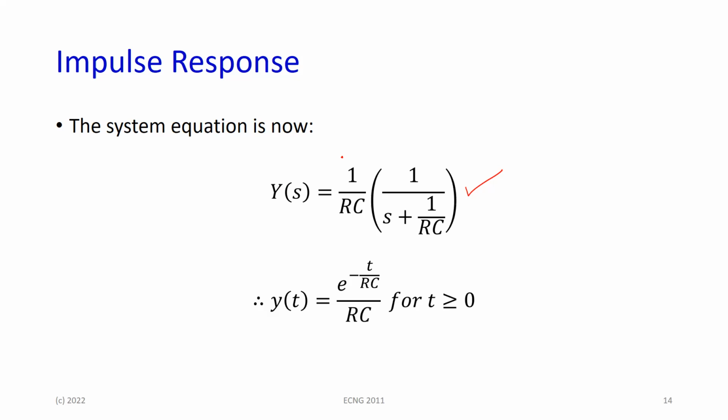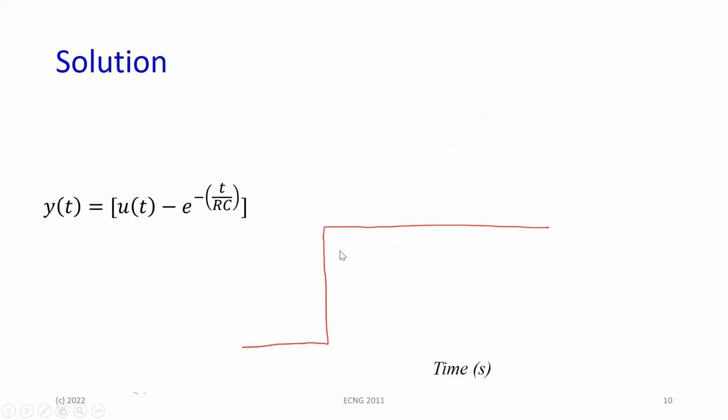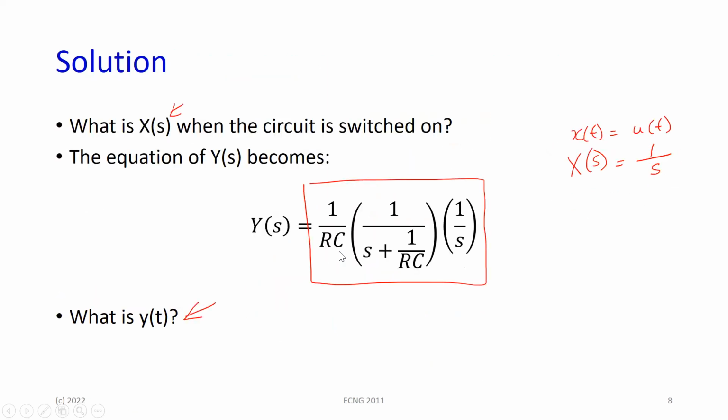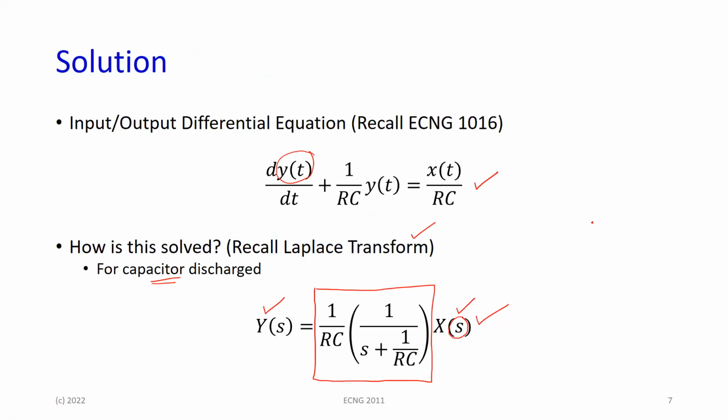And just for our purposes, we have the system equation here. All right, where am I? Let me just go back here. So we said that this bit here was the system.